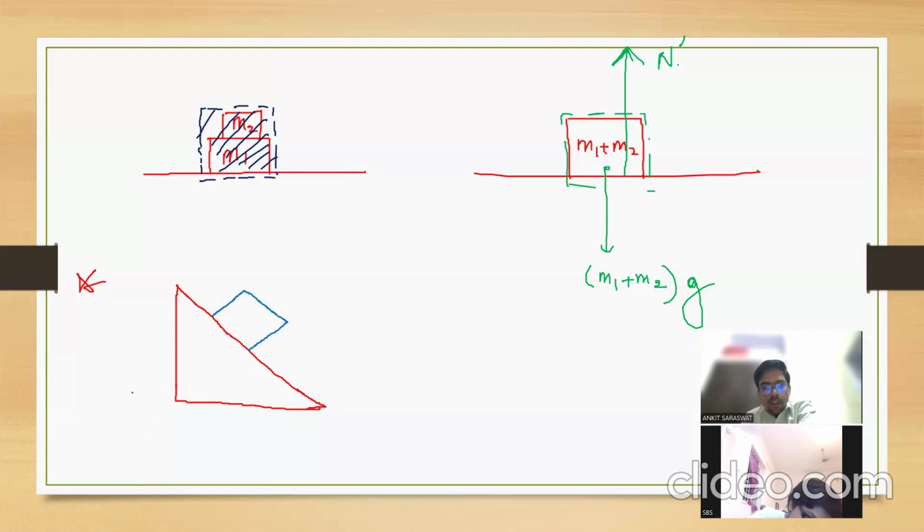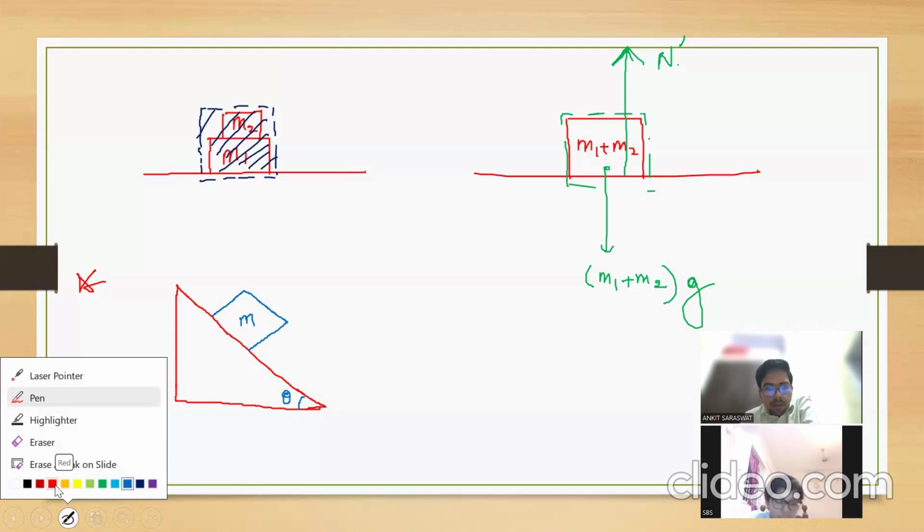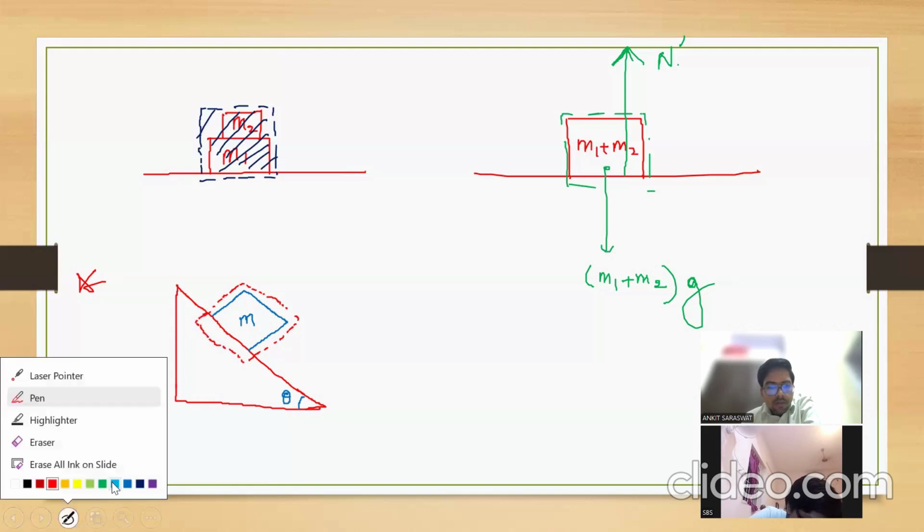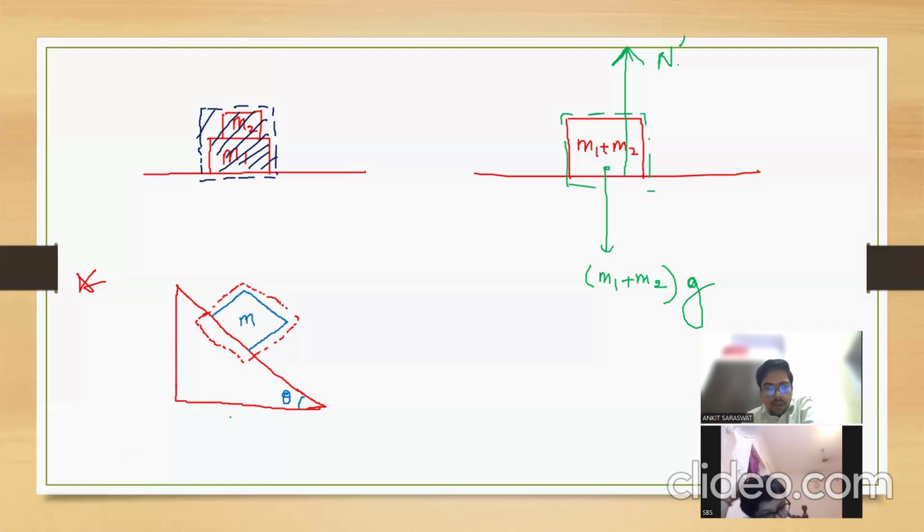This block is having the mass m, and theta is the angle of inclination. Now please draw the free body diagram of this block. This is my system. So on this, how many forces are going to act?